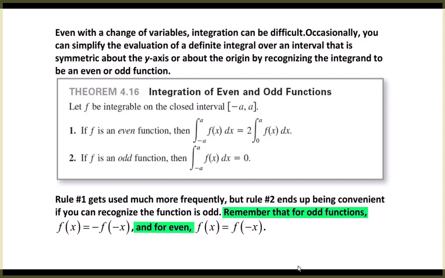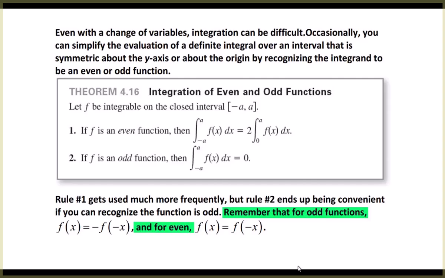Look what an even one is saying. If f of x, if y, doesn't change if you put a negative x in there. And think of a parabola with the origin as the vertex. Those sides with the y-axis as the axis of symmetry, those sides are equal.